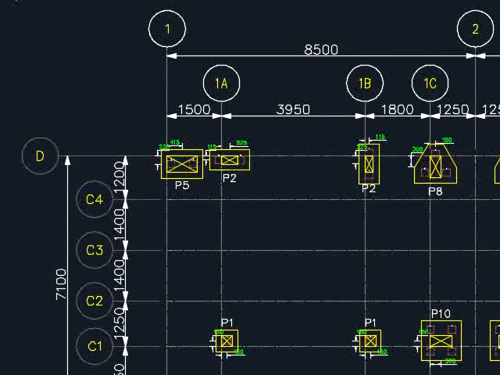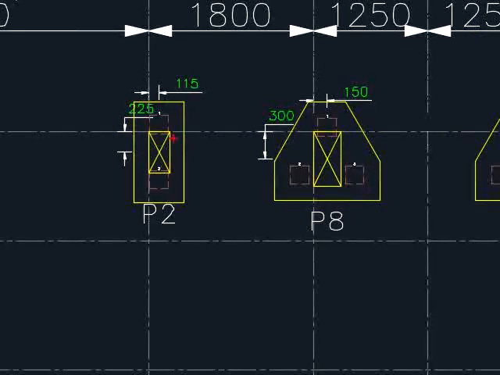That will lead to a situation where the foundations are normally at an offset distance from the grid line. You need to be very careful with this one. What you see here is a column which fits nicely to the edge of the two grid lines. However, the center of gravity of the column will be here. Therefore, the center of your foundation should also be at the same place as the column.